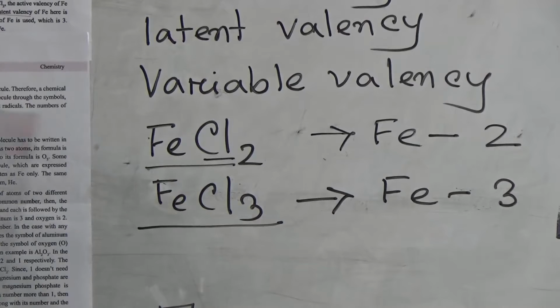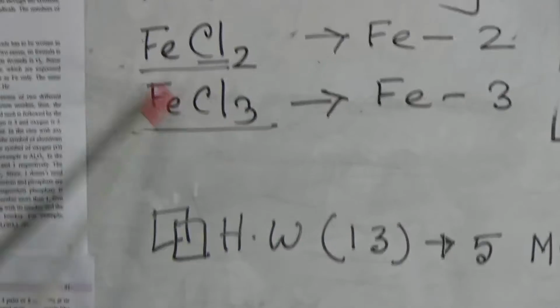Where the highest valency of an element is used, the suffix ic is added to the name, and ous is added if the lowest valency is active in an element in a compound. That means ferrous chloride and ferric chloride.